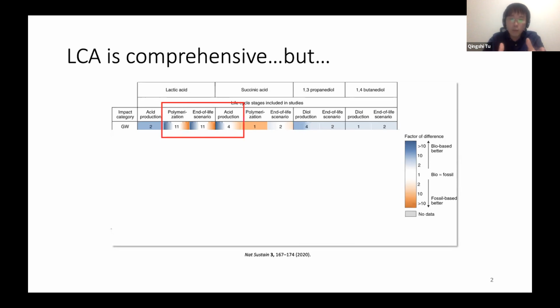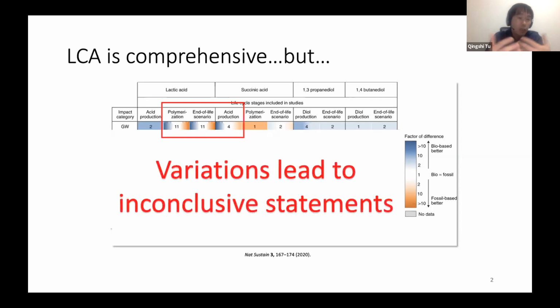In this case, out of the 11 studies, you see a polarized result for the particular steps of making lactic acid. So to complete the sentence here, LCA is a comprehensive tool, but variations in results often lead to inconclusive statements.